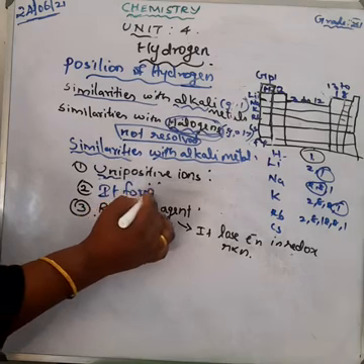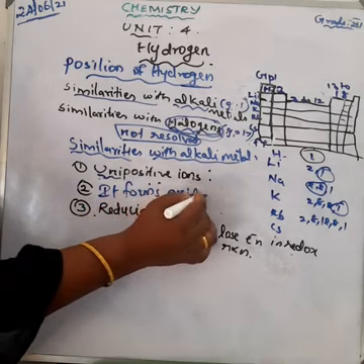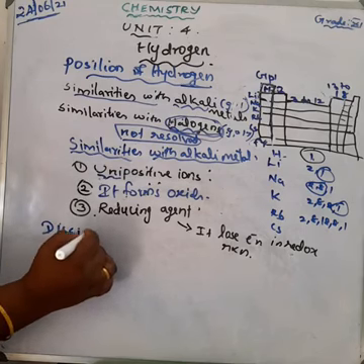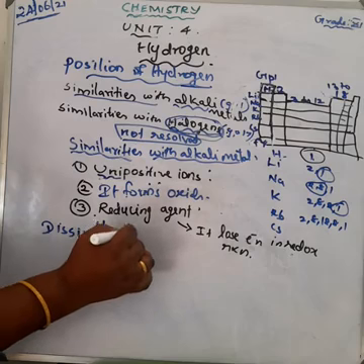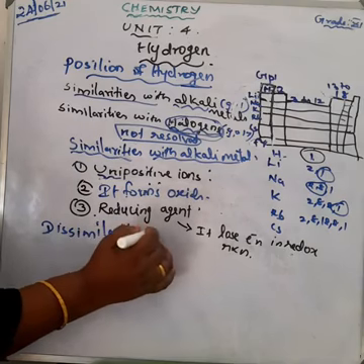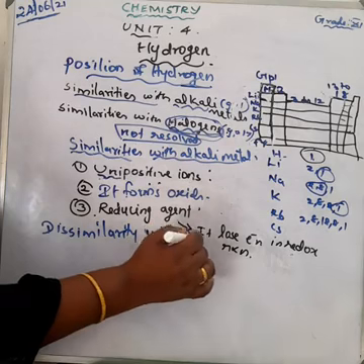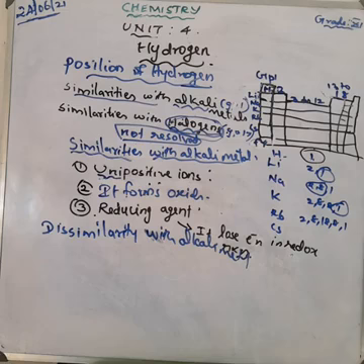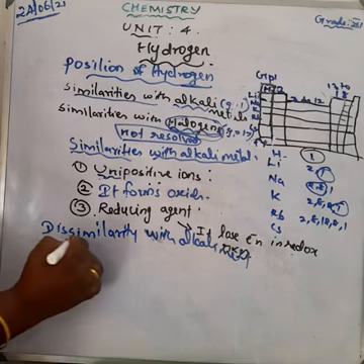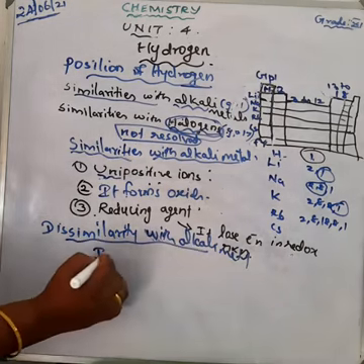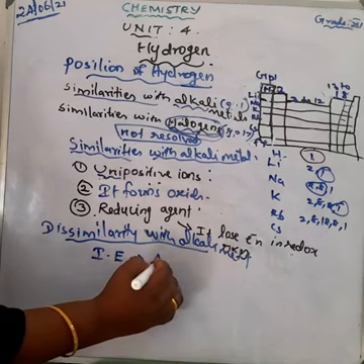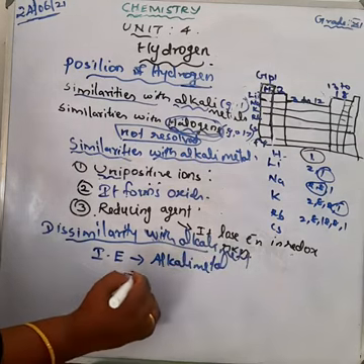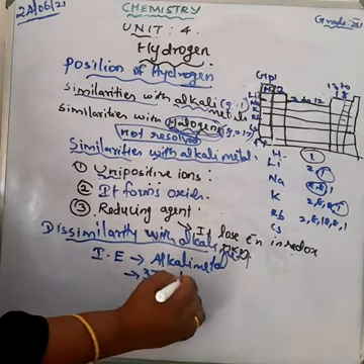But there is also one dissimilar character here. What is the dissimilar character? The alkali metals have ionization energy ranging from 377 to 520 kilojoule per mole.